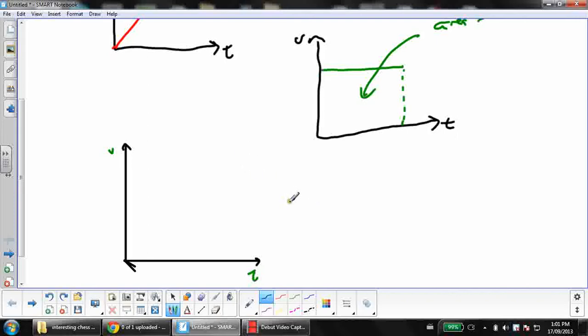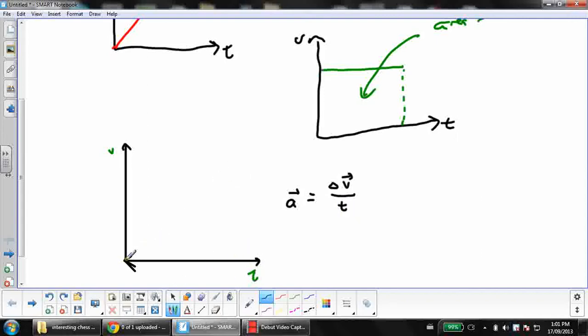You might recall from the last video that acceleration is equal to the change in velocity over time. And I can get change in velocity from the y-axis, and I can get the time from the x-axis.